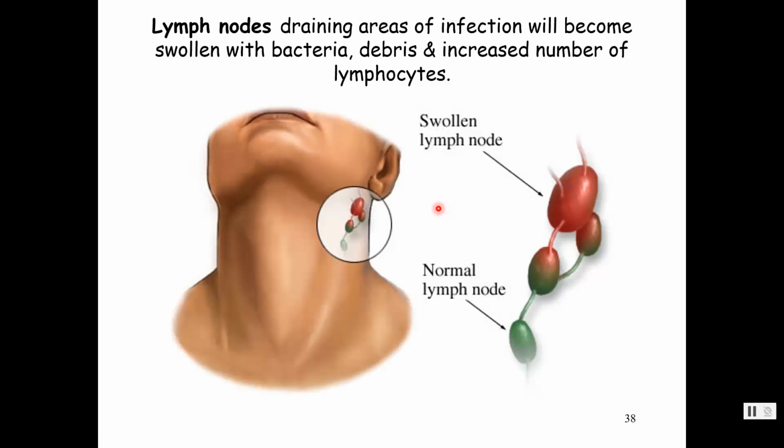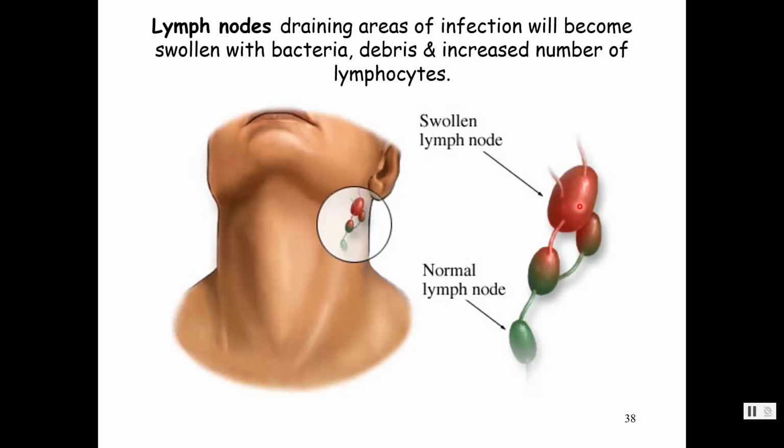So lymph nodes, because they are draining lymph from a particular area, think about the cervical region, from your throat, so your upper respiratory tract. The pathogens, virus particles, bacteria, anything that was in that area is going to get filtered in these lymph nodes.